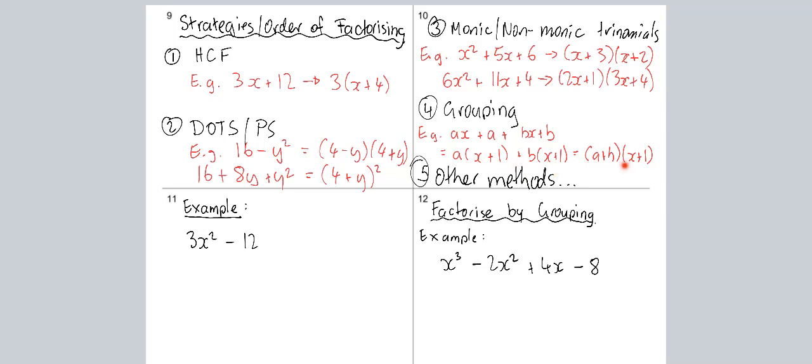But when I take out a common factor of x plus 1, I've now got (a plus b) times (x plus 1), that is now factorised because it's a product of two factors. It's not always two factors, but for the majority of the stuff we do this year, it'll be 2 or 3 factors only.